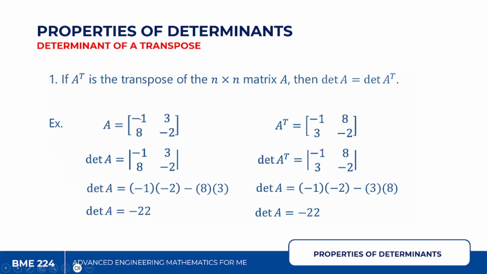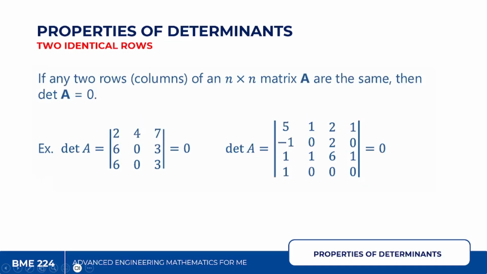If you take the transpose of your matrix A, matrix A and its transpose will have the same determinant. Because actually, the entries are the same. Or meaning to say, the elements are the same. You just transpose it. Okay?